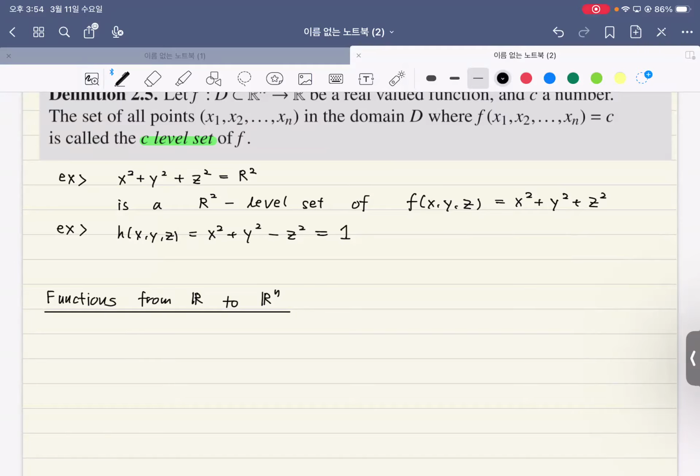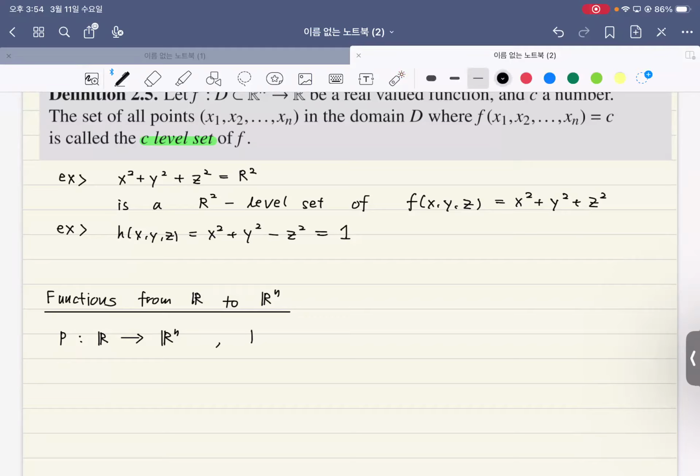This is a vector-valued function. I would say the function is P. Suppose I have a function from R to Rn. Since the codomain of this function is Rn, it is very natural to assume that this function must have n component functions, right?